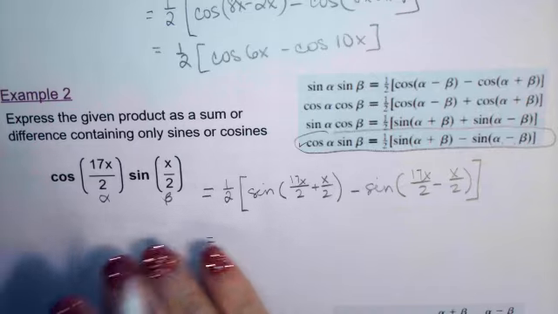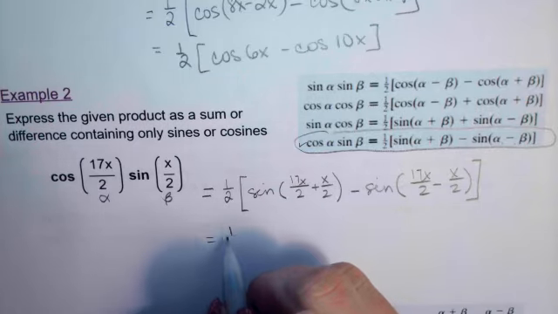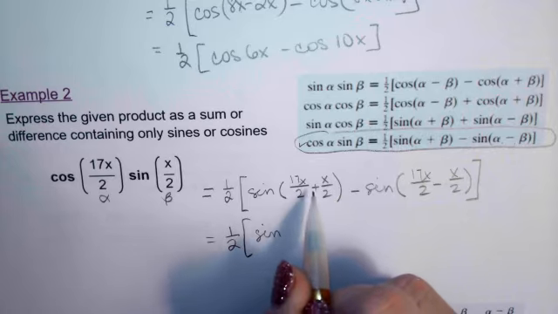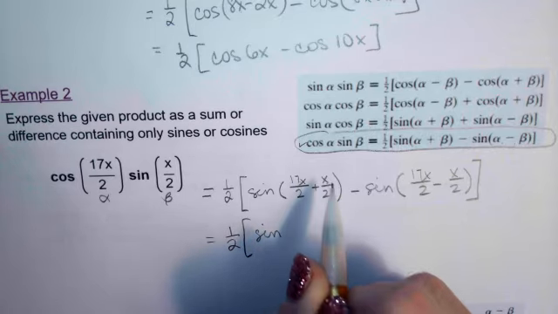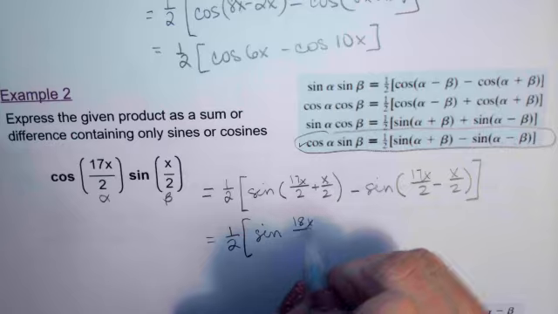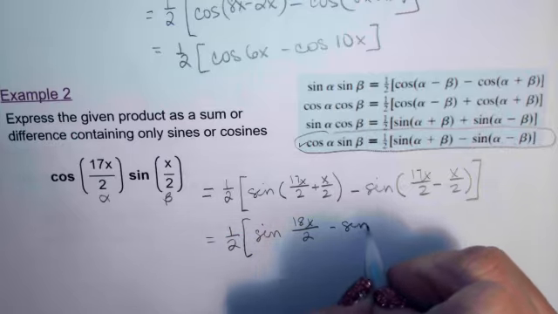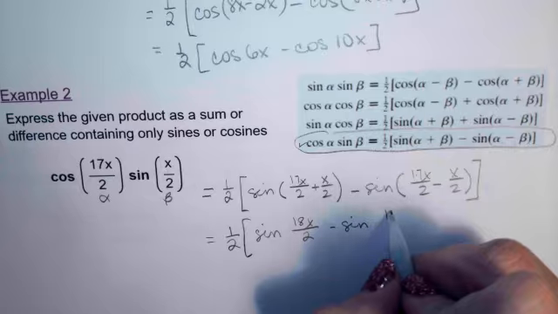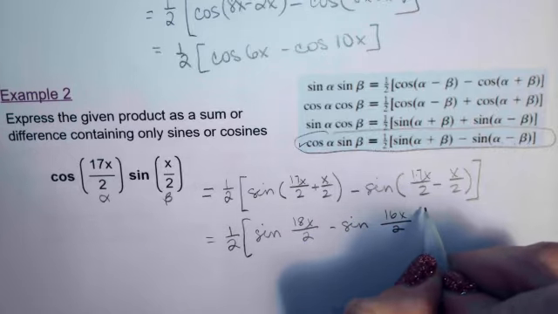Okay, now we just simplify. So I've got the 1/2 here, and I have sine 17x plus x is 18x over 2, minus sine of 17x minus x is 16x over 2.